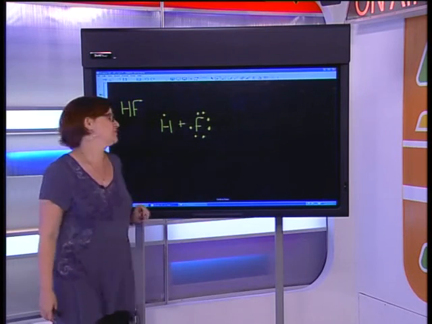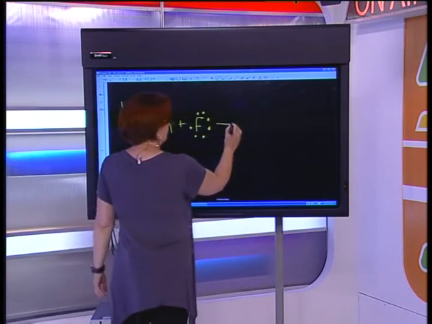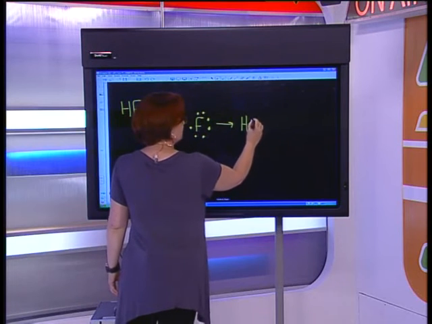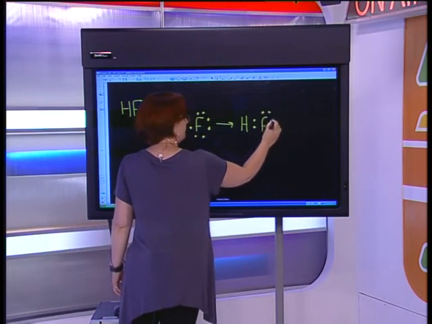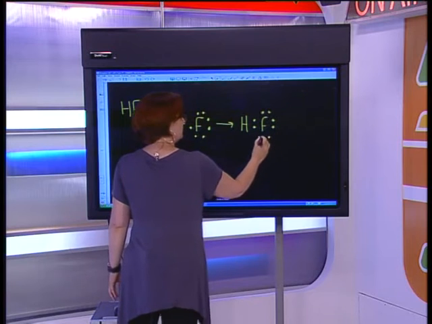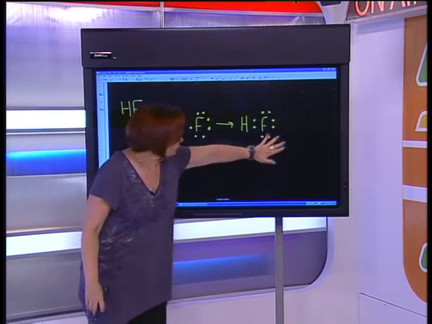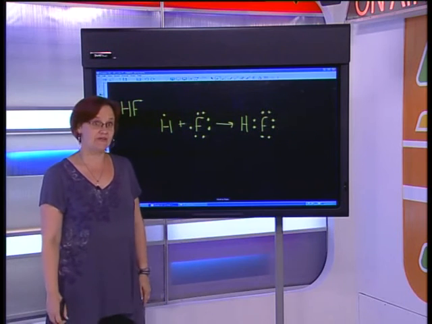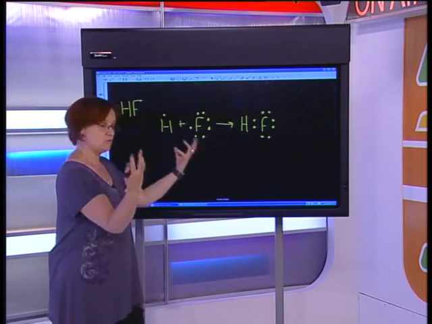But this is not ionic. The reason I know it's not ionic is that it's two nonmetals. So it's a little bit of an exception, which also means the hydrogen doesn't lose its electron and become positively charged, and the fluorine doesn't actually gain, it shares. But this molecule is what we consider to be very, very polar. Remember I said that means unequal sharing.